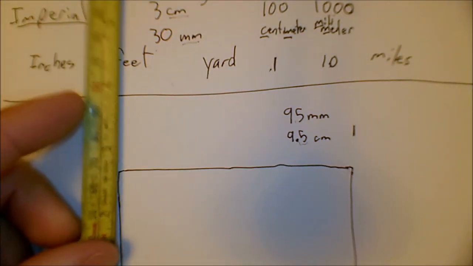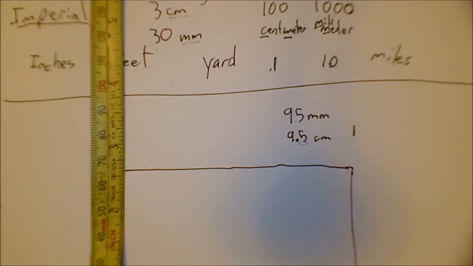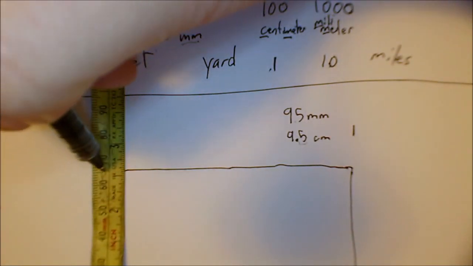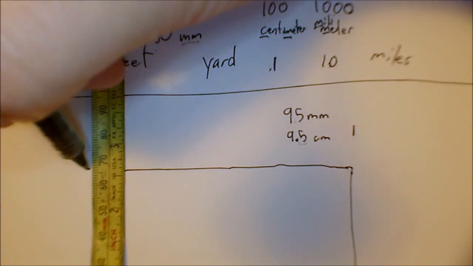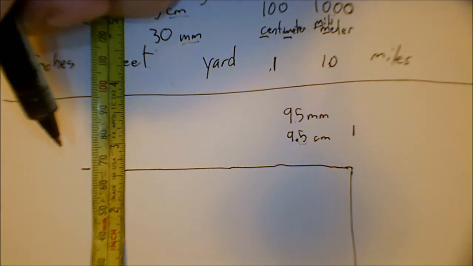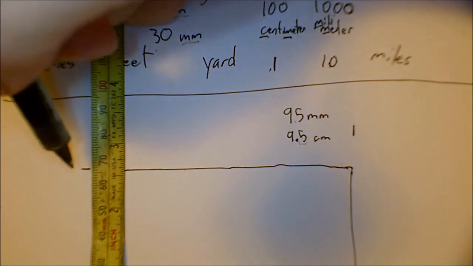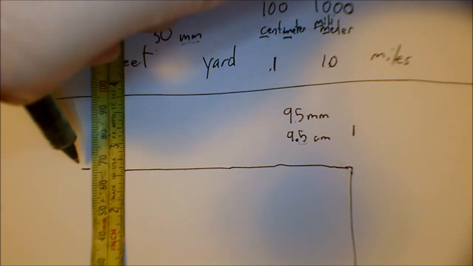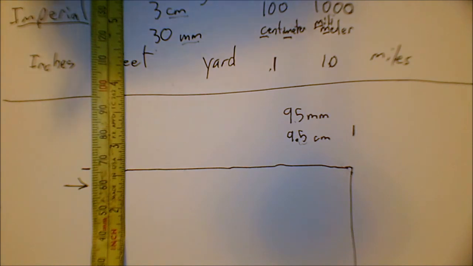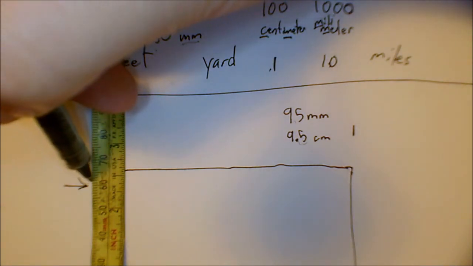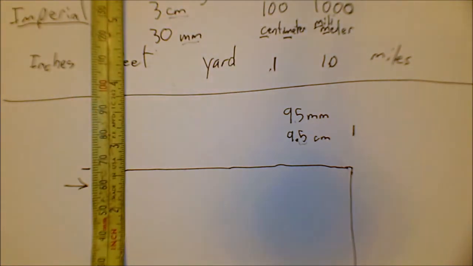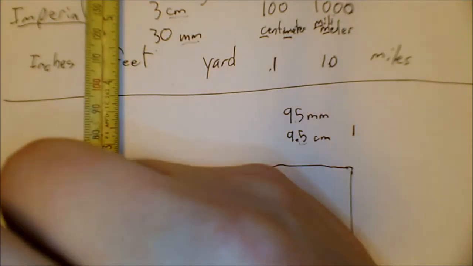Let's go this way now. I can see that this goes up and it hits pretty much right there. Looks kind of weird in the camera. But that is 60. We can look at this big 60 right here and then count the lines. 61, 2, 3, 4, 5, 6. 66 millimeters.